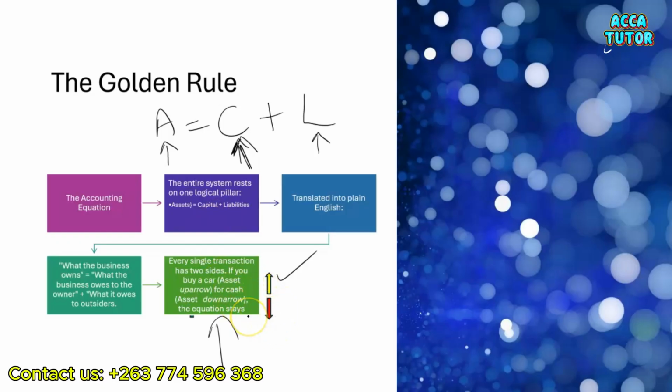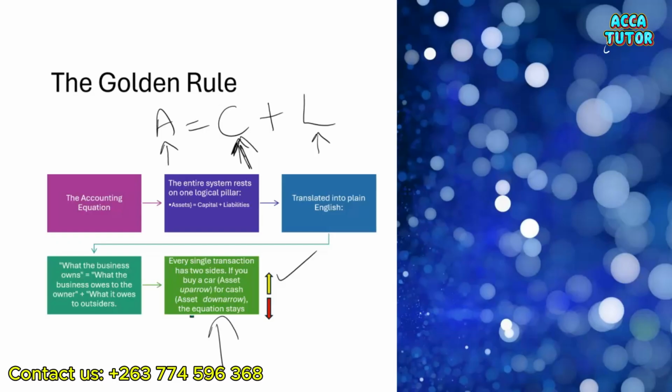So sometimes a transaction can trigger two things within the same category of elements, or within a certain element. For example, assets. Remember, you buy a car using cash. At one point, cash was an asset.